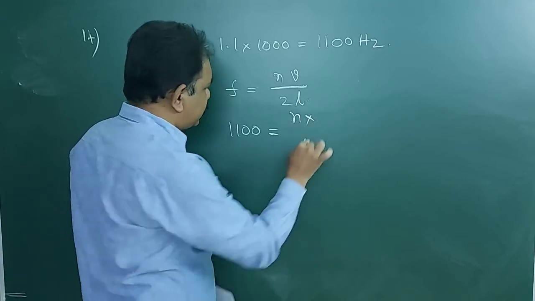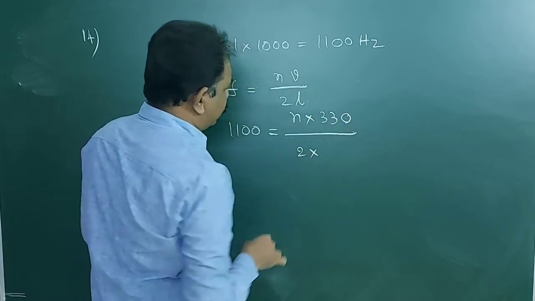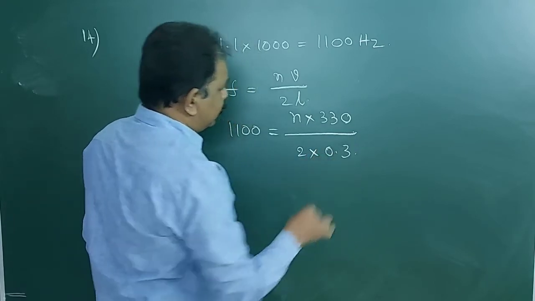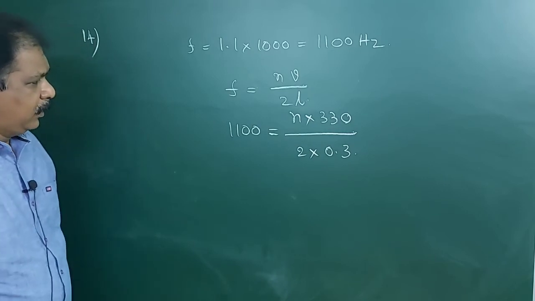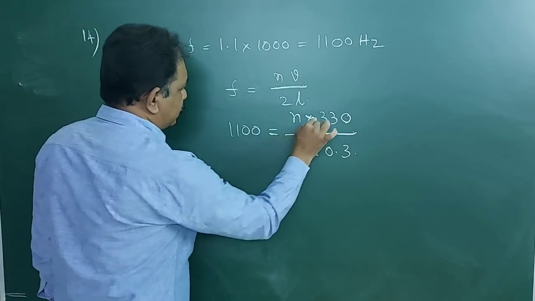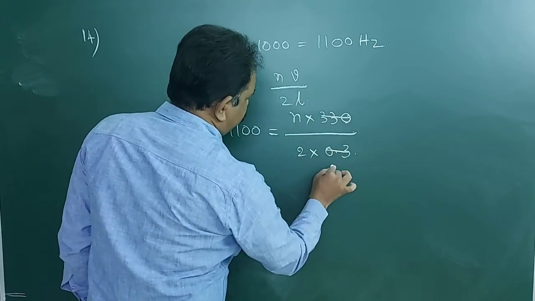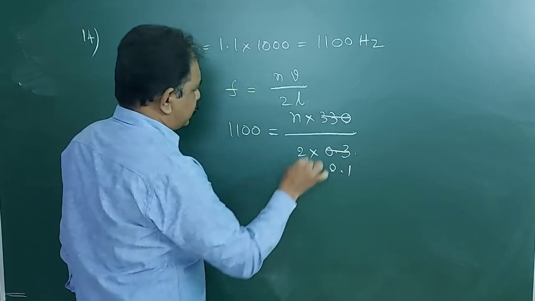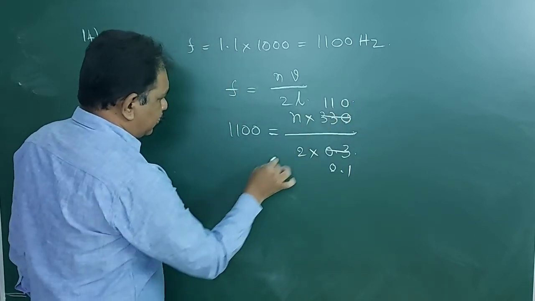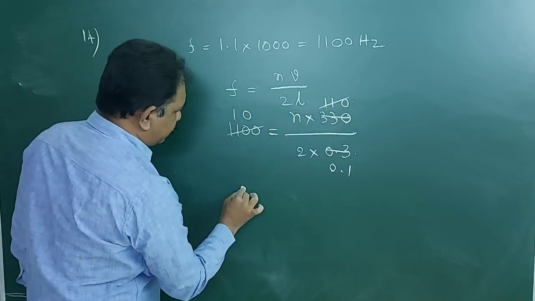Velocity of sound is 330, divided by 2 into length, 30 centimeter means 0.3 meters. So 110 cancels by 10 times.